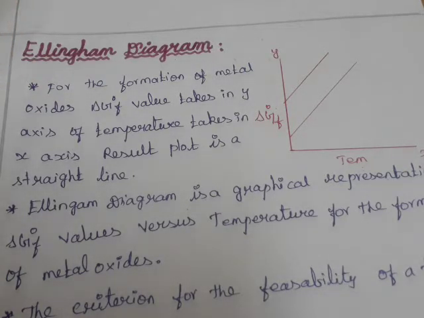In the Ellingham diagram, you find out which reducing agent is suitable for the reduction process, the reaction in which the metal oxide changes into metal, and which reducing agent is the best. These are the uses of the Ellingham diagram.